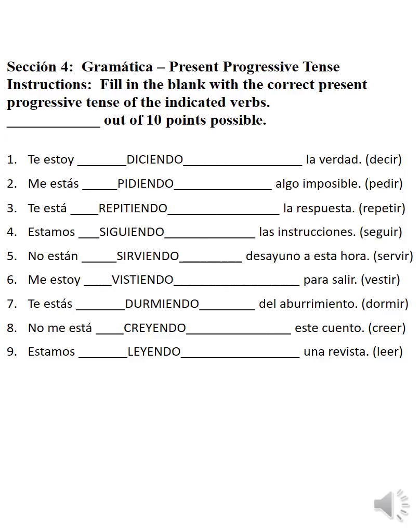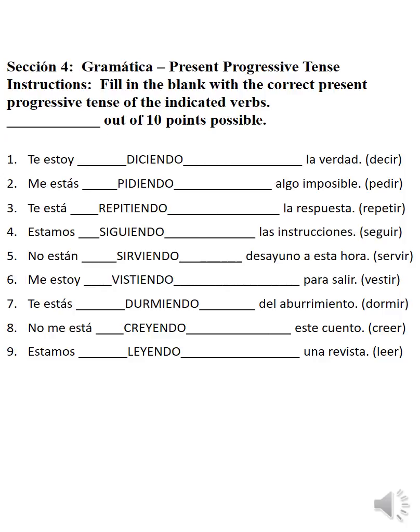Number 4, seguir becomes siguiendo, S-I-G-U-I-E-N-D-O. Number 5, servir becomes sirviendo, S-I-R-V-I-E-N-D-O. Number 6, vestir becomes vistiendo, V-I-S-T-I-E-N-D-O.